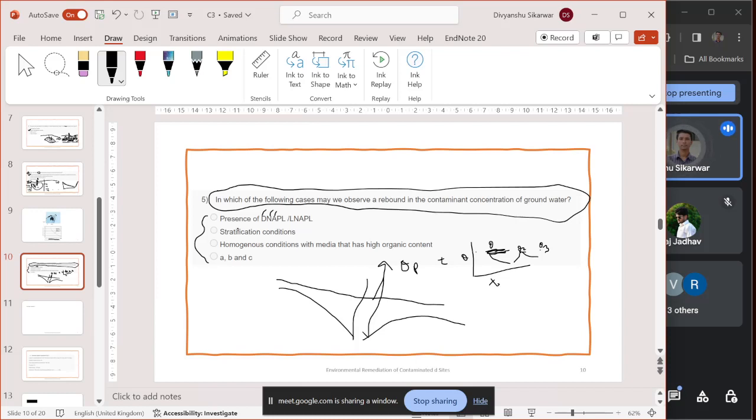These are the three reasons which are given. So out of these three reasons, in which conditions will there be rebound in contaminant concentration? This is the question I'm trying to ask. You try to answer that, which condition is most probable. That is maybe stratification.